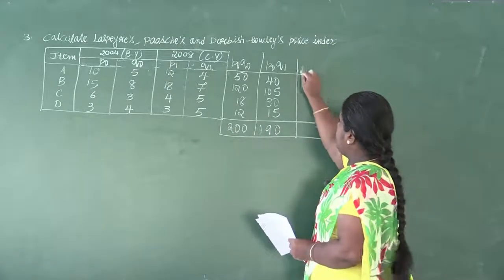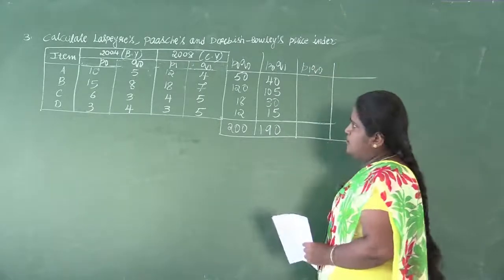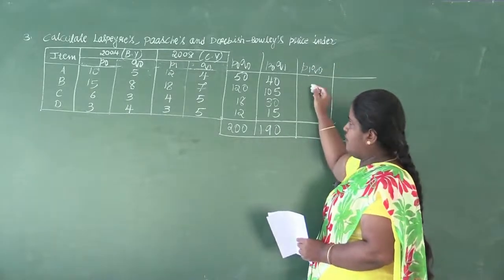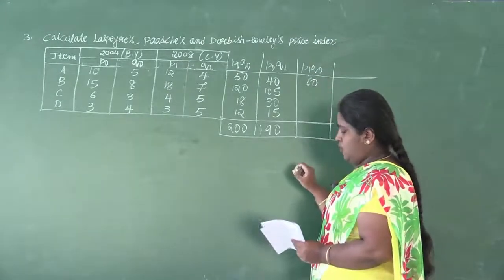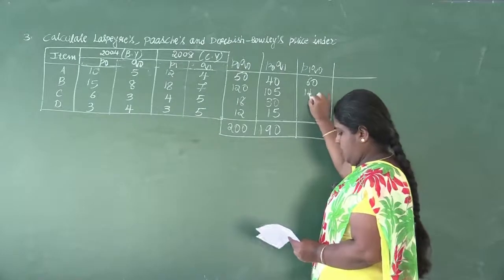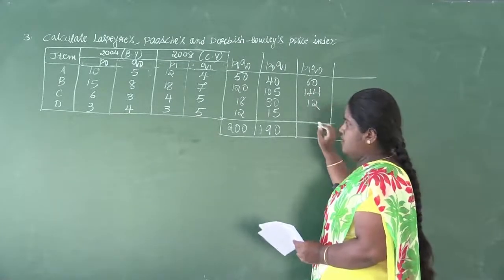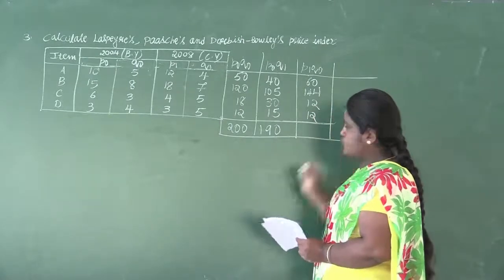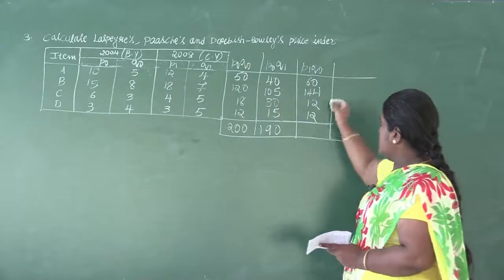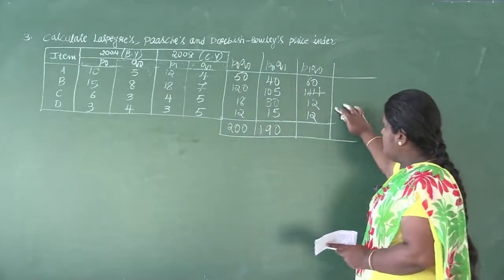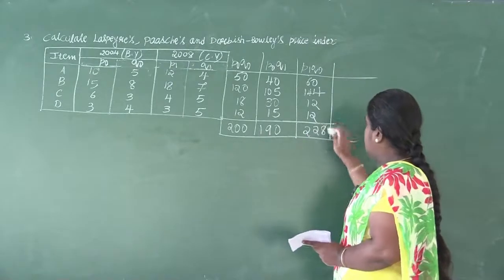Then P1 Q0. P1 Q0 is 5 into 12, 60. 8 into 18, 144. 4 into 3, 12. 4 into 3, 12. Do the total, P1 Q0, 60, 144, 12 and 12, it is 228.